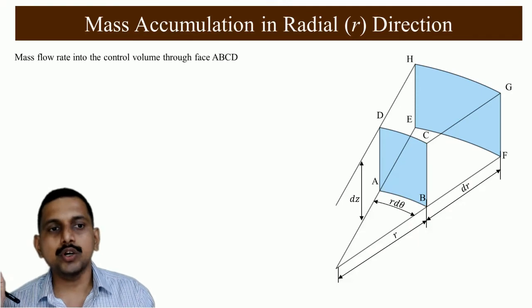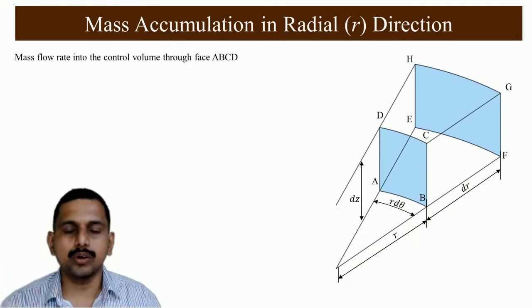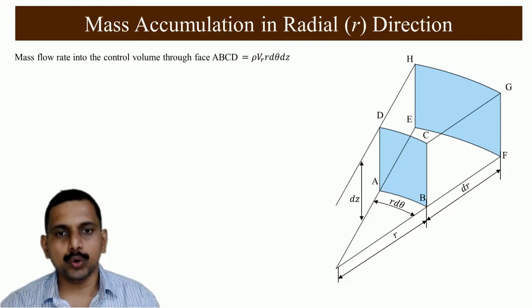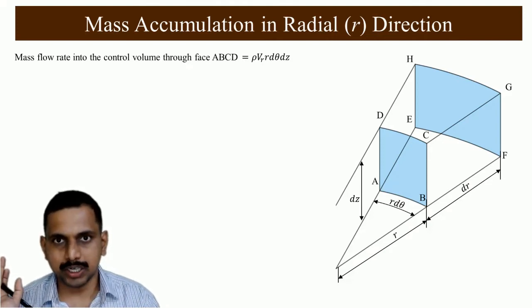The mass flow rate into the control volume through face a, b, c, d is given by rho into Vr, the radial component of velocity, into r d theta dz. This r d theta dz is the area. That would be my mass flow rate into the control volume.